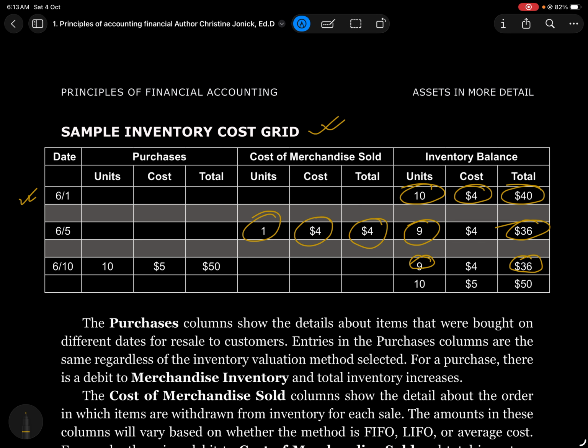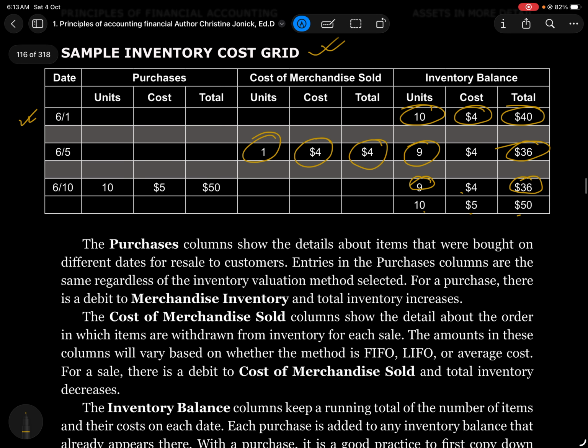Inventory balance 9 at 4, 36, 10 at 5, 50, right? Okay, so in the COGS method column, purchases would include all the purchases that we've bought for resale, right?